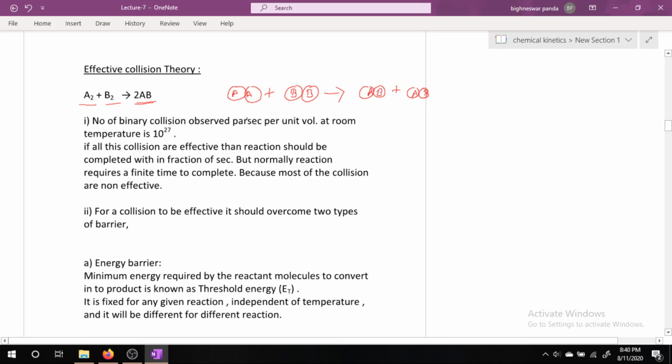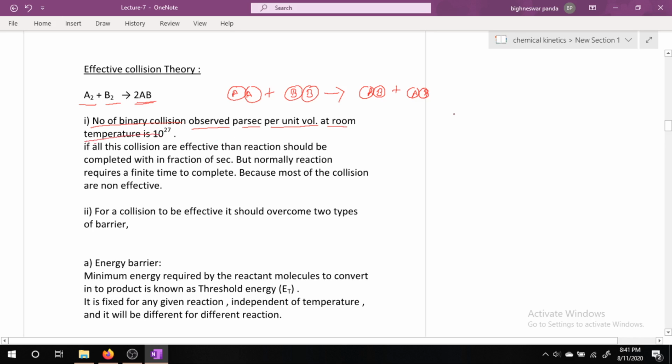So come to point 1, number of binary collisions. Number of binary collisions means two molecules undergo collision. Observed per second per unit volume at room temperature is 10 to the power 27 times.